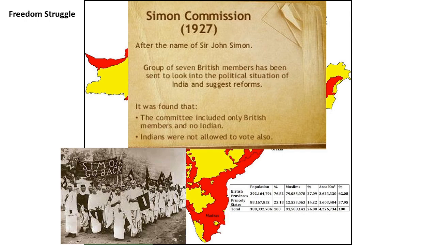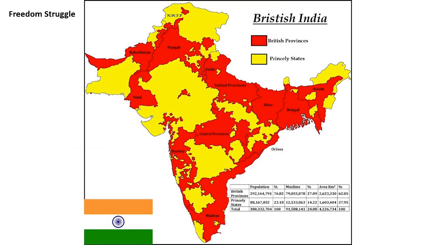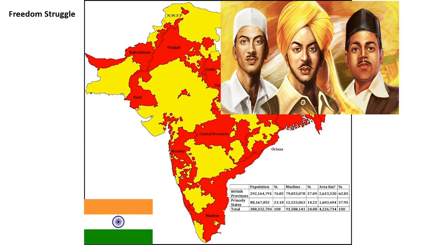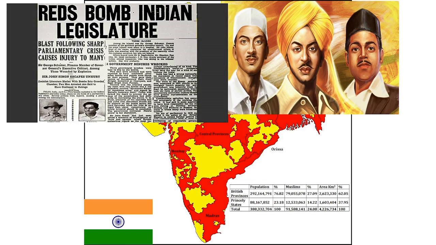During the protest, famous freedom fighter Lala Lajpat Rai was killed due to a lathi charge by British police. After hearing this news, the angry Bhagat Singh first tried to kill a British officer, then he, along with Batukeshwar Dutt, bombed inside the Indian legislature in a way that there would be no casualties.